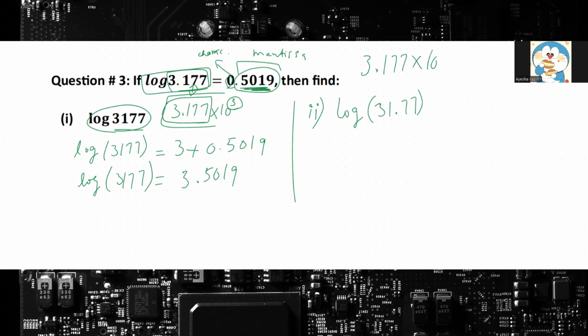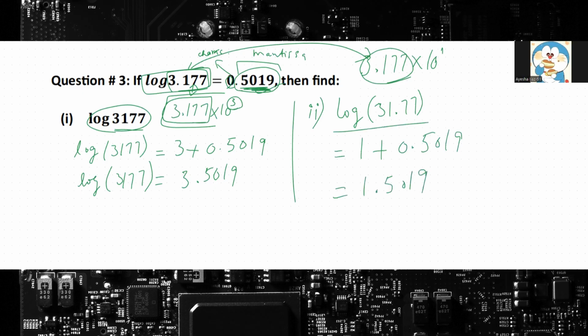So the characteristic of this number would be 1 plus. Now again, this number looks exactly the same as in our question, right? So we can use once again the mantissa of this given question. That would be 0.5019, and if I add these two numbers, we'll get 1.5019 as our log of this number. See how easy it is, right?